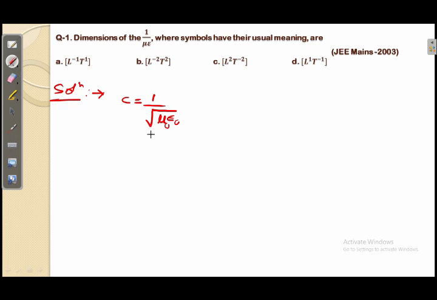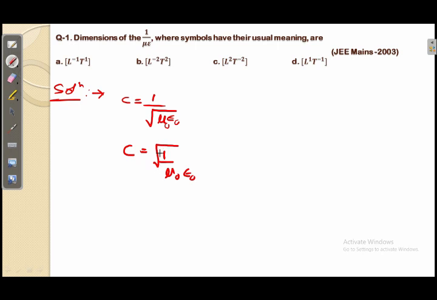They have given 1 by mu naught into epsilon naught. So I will rearrange this as c is equal to square root of 1 upon mu naught epsilon naught. There is no modification in the equation, so the equation remains the same.